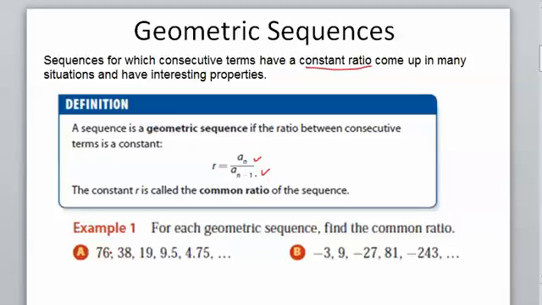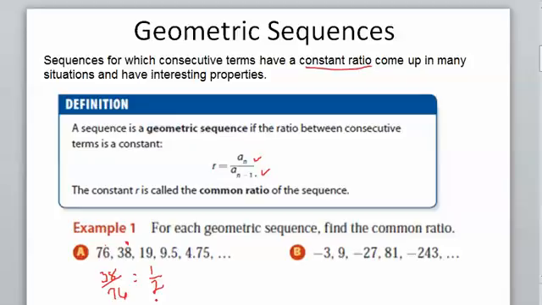So if I'm looking at this example right down here, number A, and I look at this one as my current term, my previous one is 76. So it would take 38 divided by 76. And I think you'll see from doing that that you're going to get 1/2 if you reduce that down.